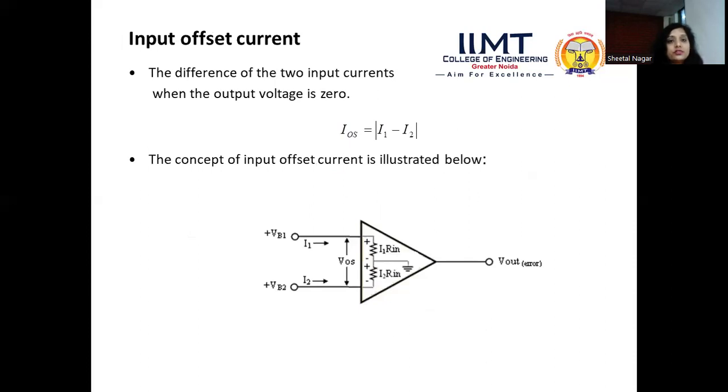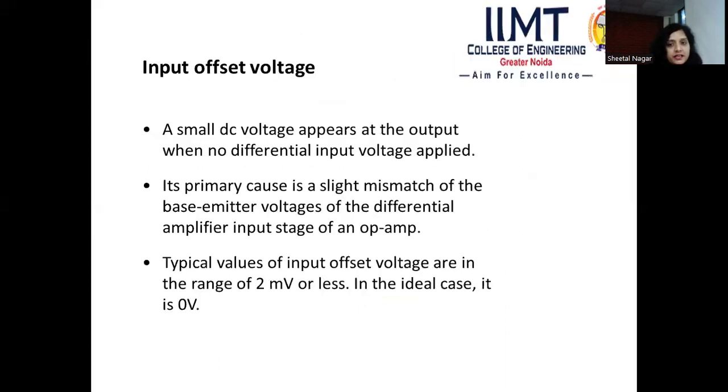Input offset current is the difference of the two input currents when the output voltage is zero. The concept of input offset current is illustrated with the help of this diagram also. In this diagram, I1 and I2 are shown flowing through two different internal resistances. The input impedance of the operational amplifier must be very high.